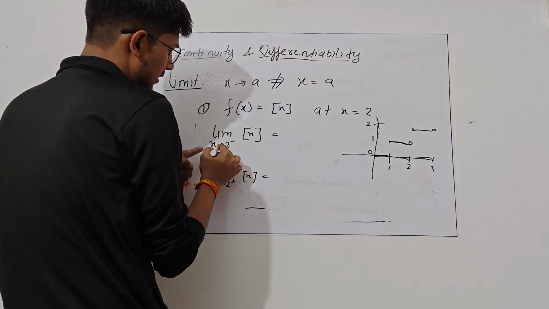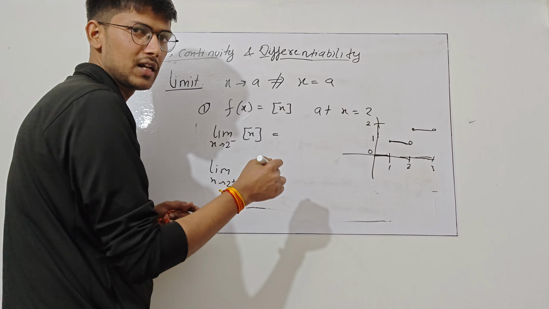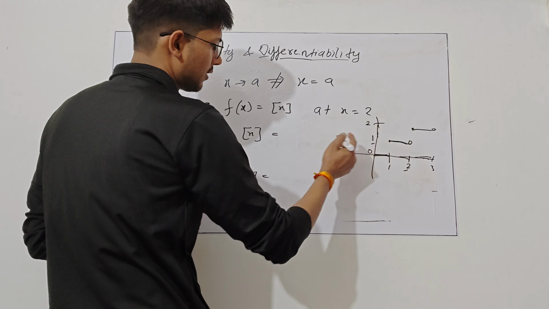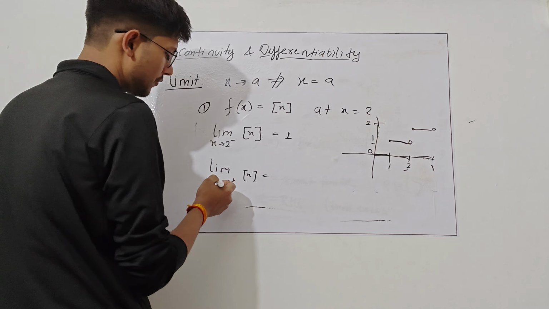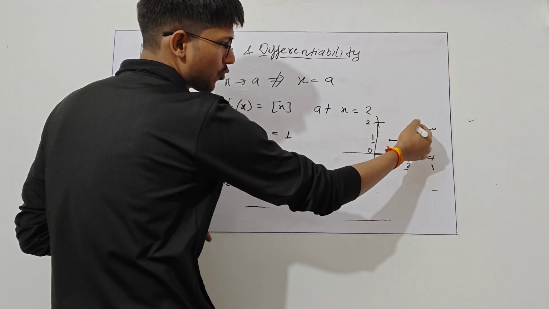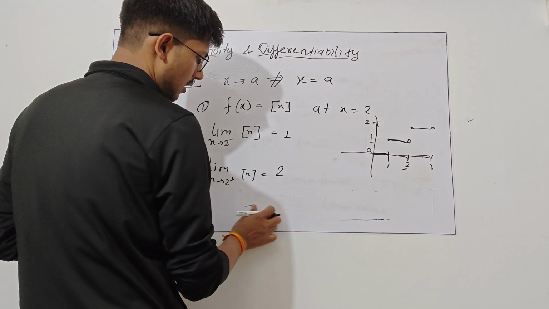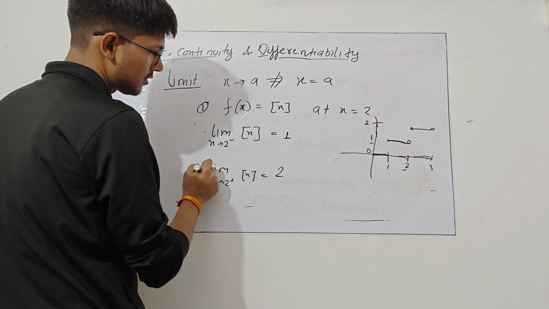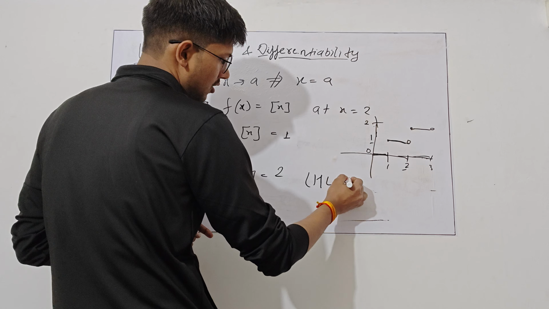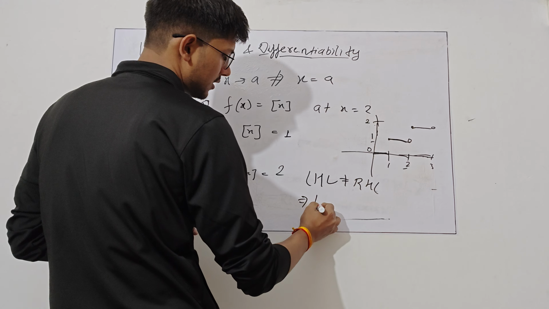So we find the limit at x tending to 2 minus, this means our value is slightly less than 2. So when less than 2, we get 1, and when x tends to 2 plus, meaning something greater than 2, then we have the value 2. So our left hand limit and RHL exist, but our LHL is not equal to RHL. So that implies that the limit does not exist.